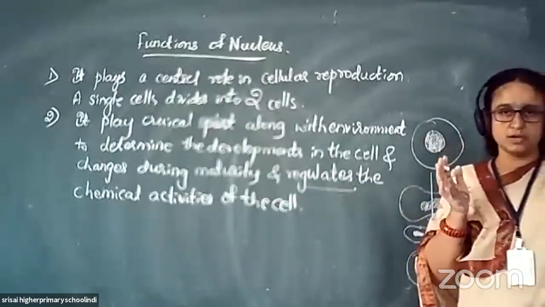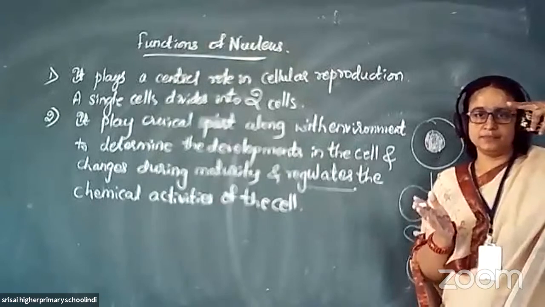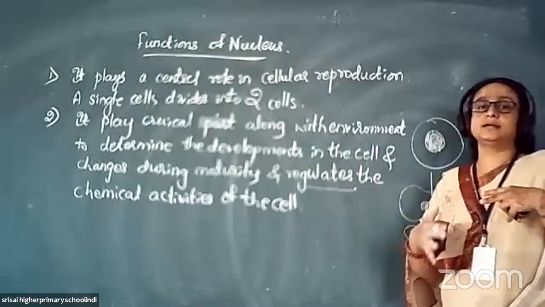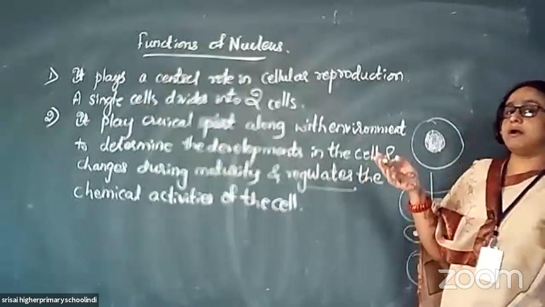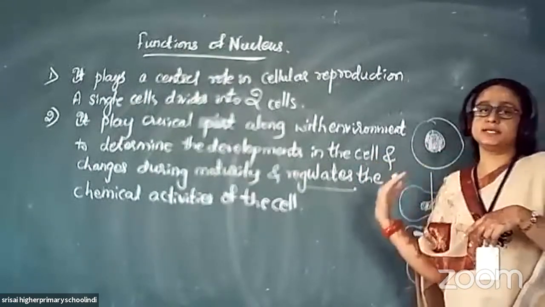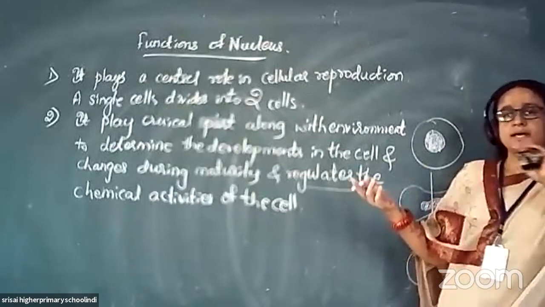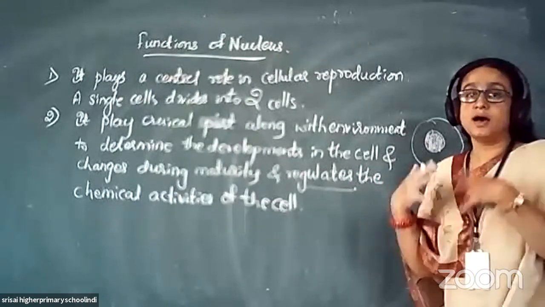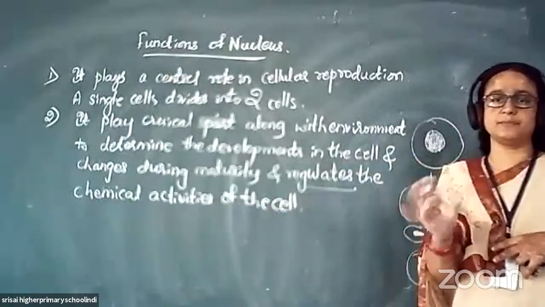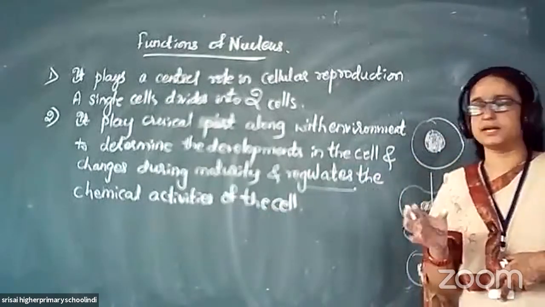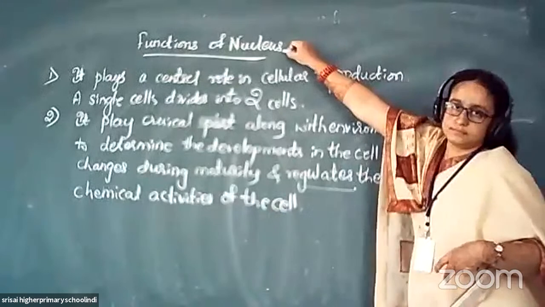It will first see how the cell is developing, what changes are occurring in the cell due to the environment. Then it will give the order: since this is the position in the environment, it has to act like this. How? By controlling the chemical activities in the cell. Who is controlling them? Nucleus.